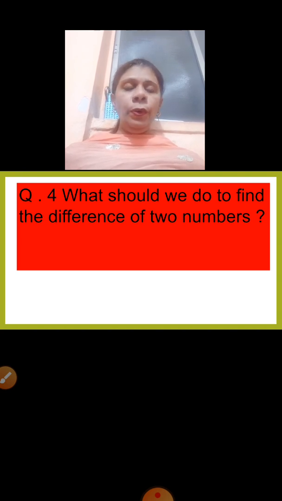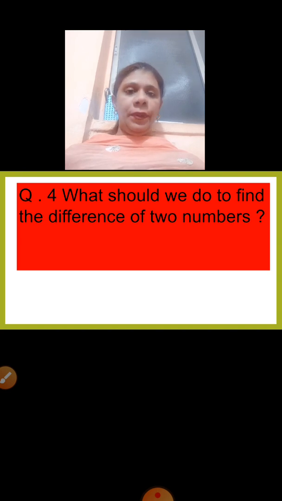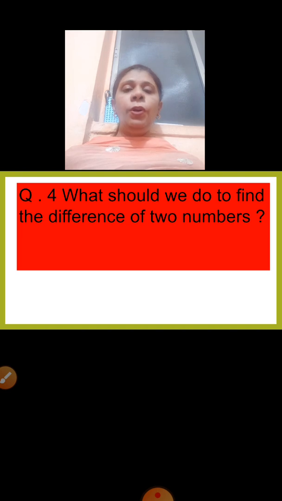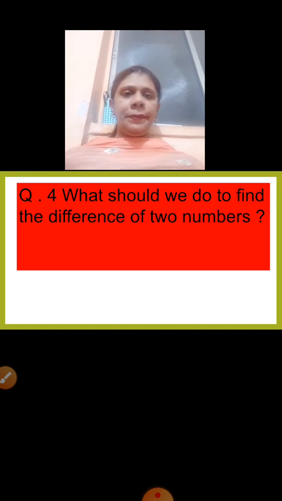Question number 4. What should we do to find the difference of two numbers? How are we going to find the difference of two numbers? By which method? Are we going to do addition?